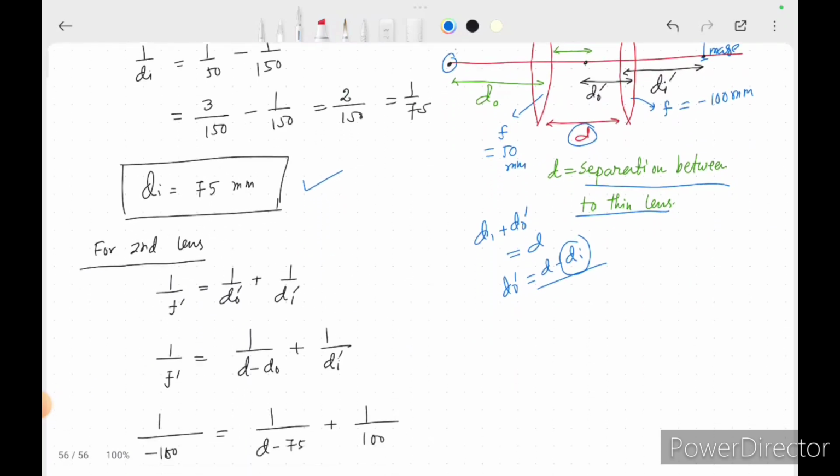Next, we apply the lens formula in a similar way for the second lens. 1 by f prime equals 1 by d_o prime plus 1 by d_i prime, where d_o prime equals d minus d_i. Please see the mistake, it is d_i.